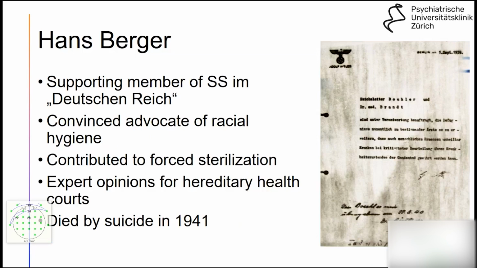He supported the SS in the German Reich, and he was convinced to advocate racial hygiene, and he contributed works and writings to forced sterilization, and he was an expert opinionist for hereditary health codes. He died by suicide in the end in 1941, maybe also due to his afflictions with the Nazi regime.